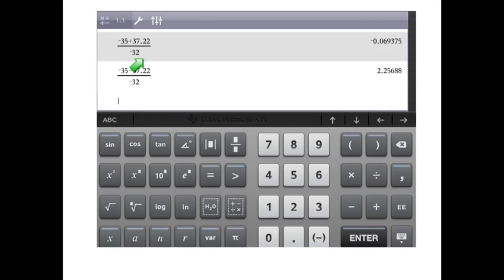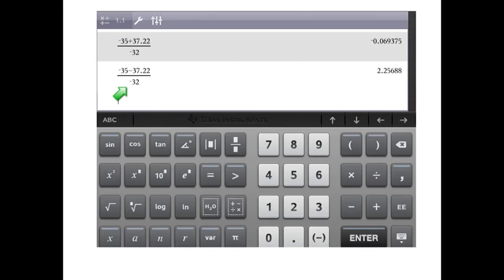I went ahead and simplified 2 times negative 16 for the denominator of this. You have to make sure that you use correct order of operations when you're putting this into the calculator, or else you will get wrong answers. It's better to simplify it algebraically first and then come up with what you put into the calculator, and that comes out to negative 0.07, rounded off to the second decimal place.